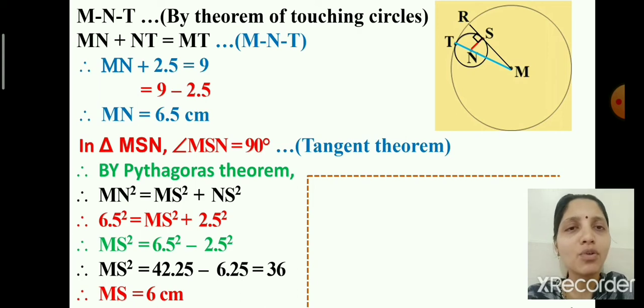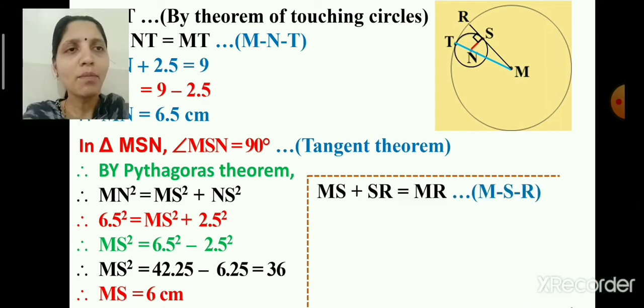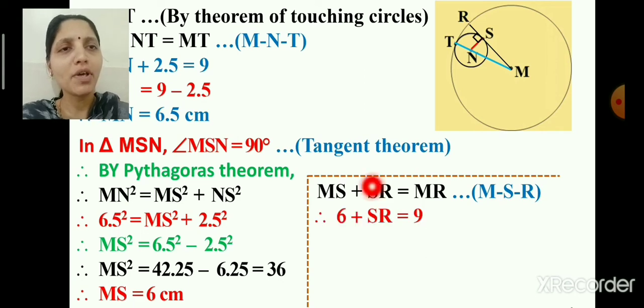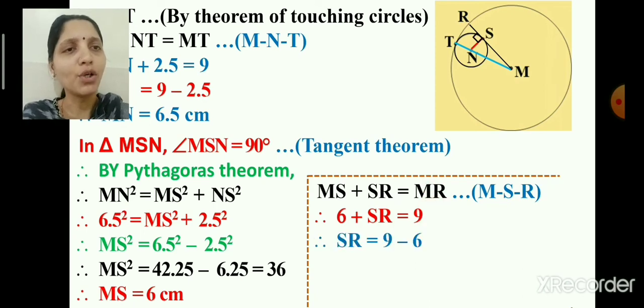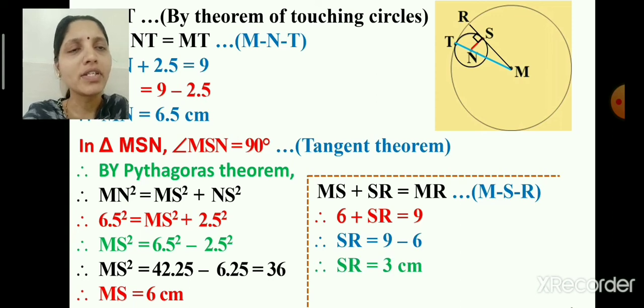If you find out the square root on both sides, you will get MS is equal to 6 centimeter. Now, MS plus SR is equal to MR because M, S, R are on the same line. Therefore, substitute the values here. MS is 6 plus SR is equal to 9. Therefore, SR is equal to 9 minus 6, that is equal to 3 centimeter.